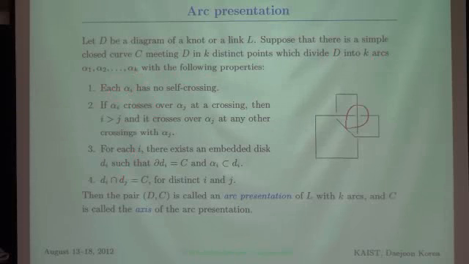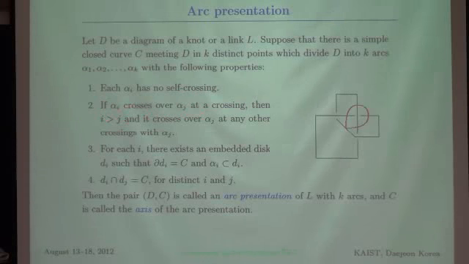Each arc, alpha i, has no self-crossing. And if alpha i crosses over another arc, alpha j, then the index i is bigger than j.